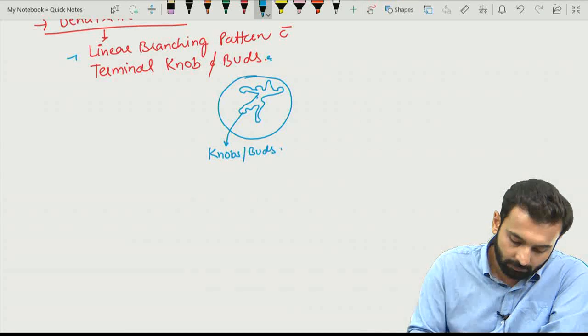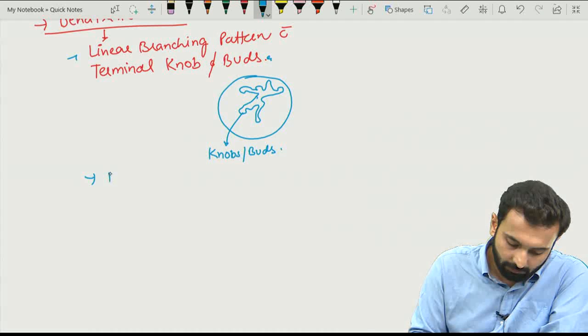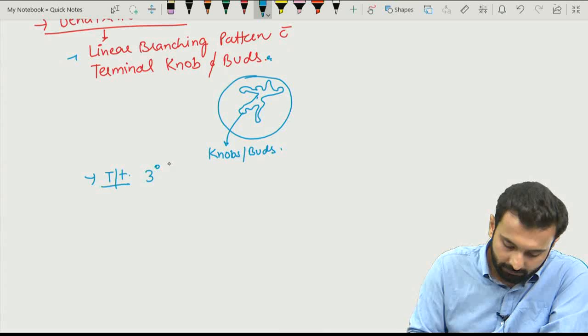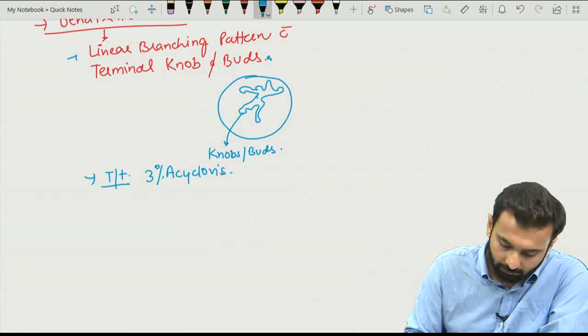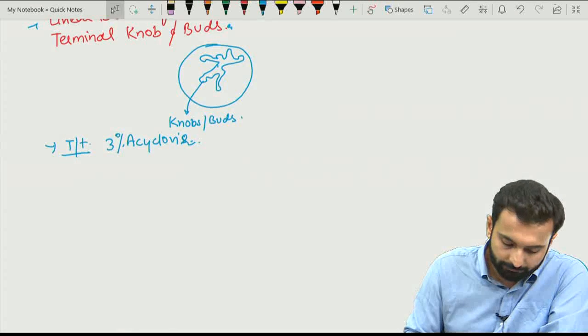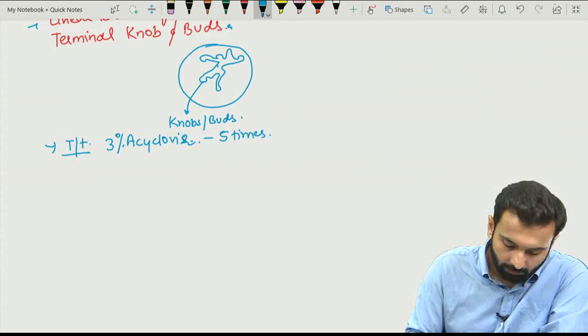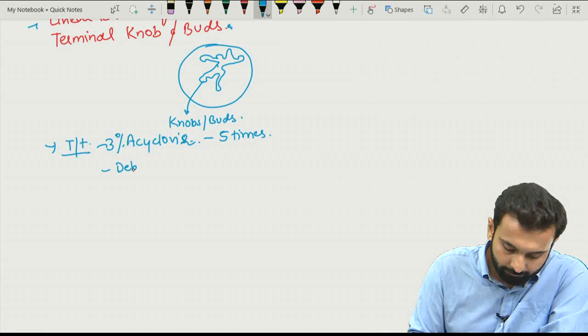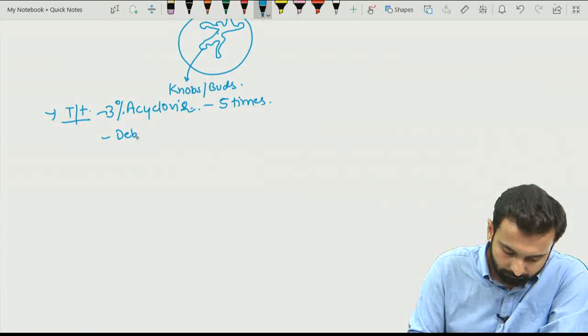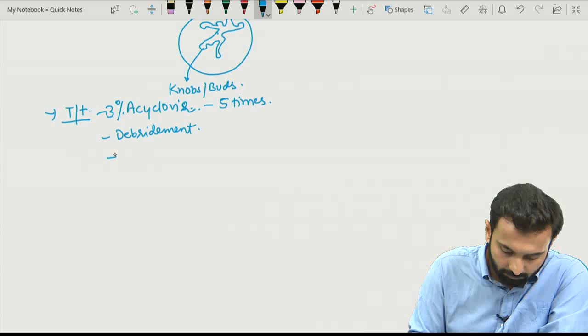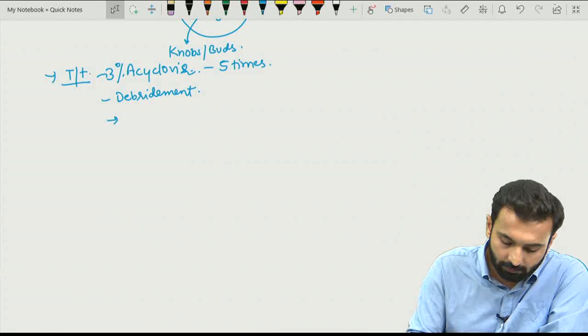True dendrites. What is the treatment option? We give 3% acyclovir eye ointment 5 times a day, and debridement of the lesion can also be done.